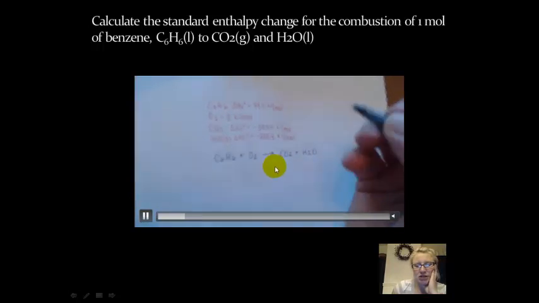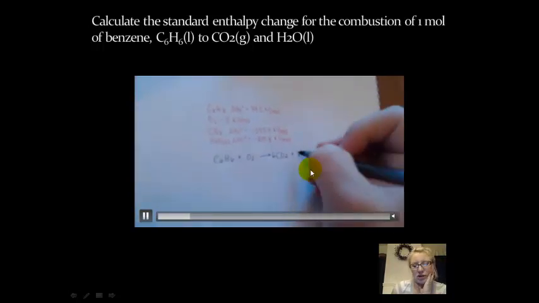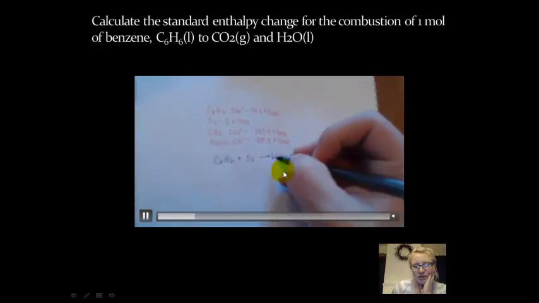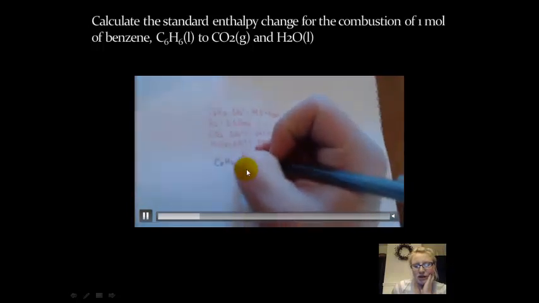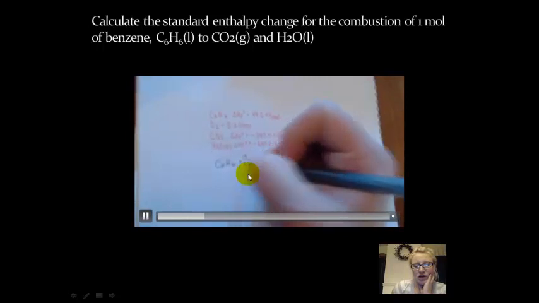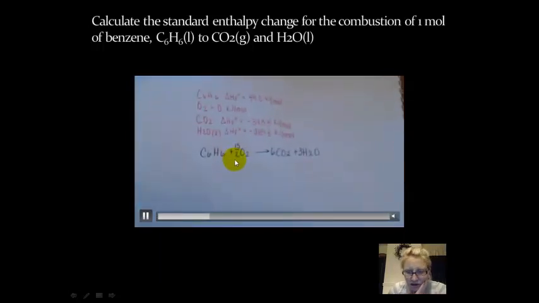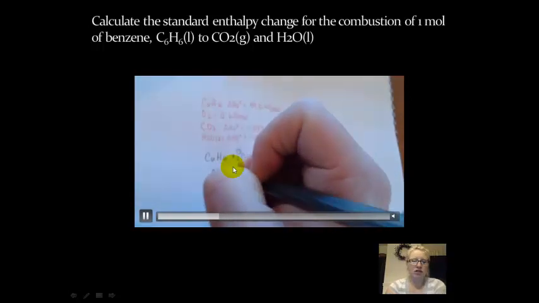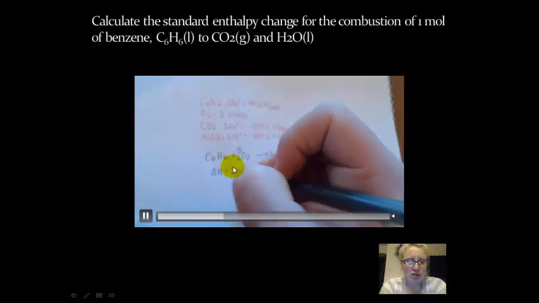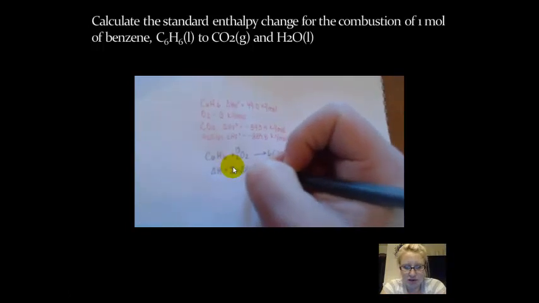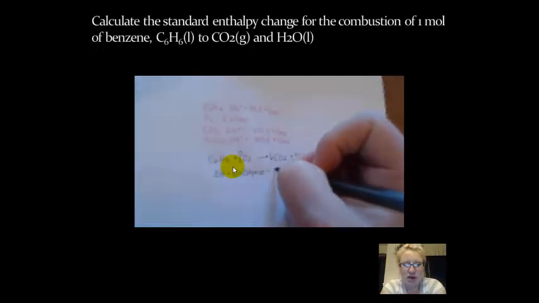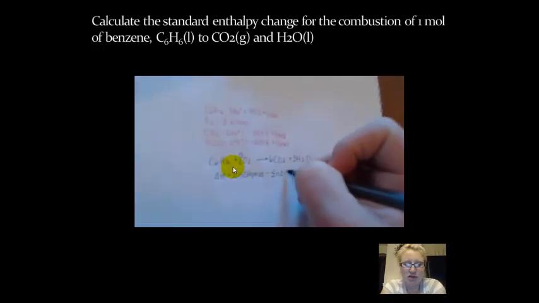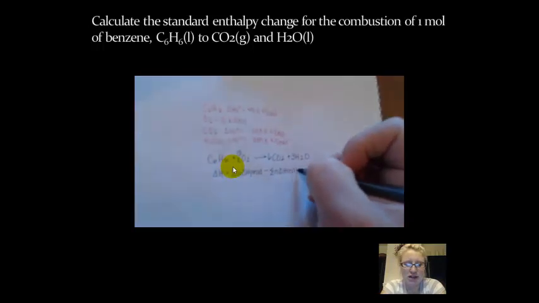And let's write the equation for this reaction. So benzene plus oxygen goes to CO2 plus water. We need to balance it. And so we get 1, 15 over 2, 6, and 3. So, remember that delta H is equal to the sum of the moles times the delta H of the products minus the sum of the moles times the delta H of the reactants.